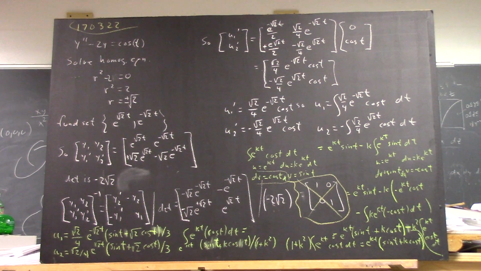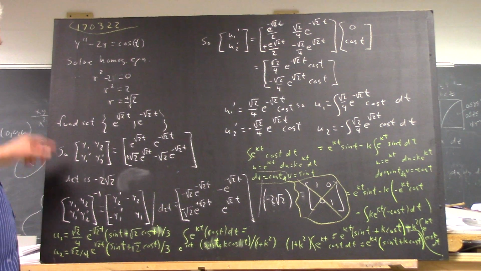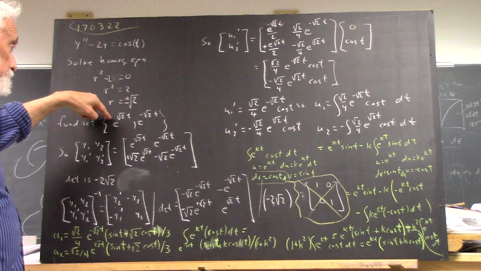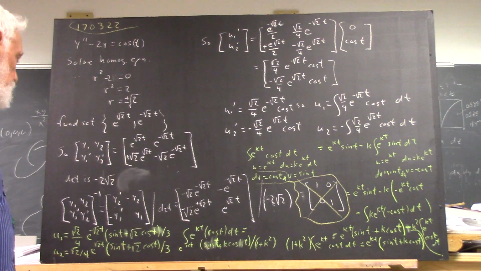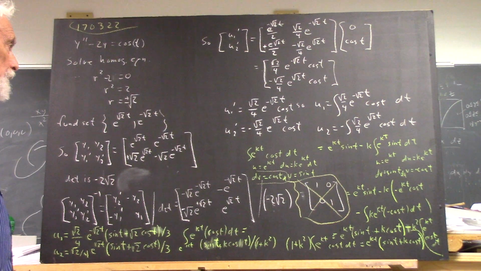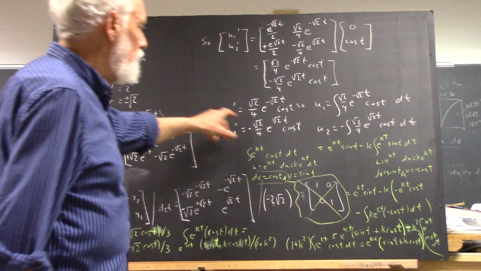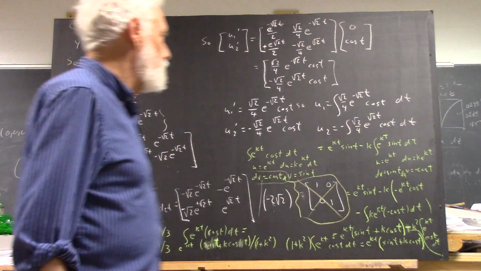Okay, so for u1, that goes with the first of our. No, I may be starting to see something that I did wrong, because I was letting u1 be the one with the e to the negative square root of 2t.